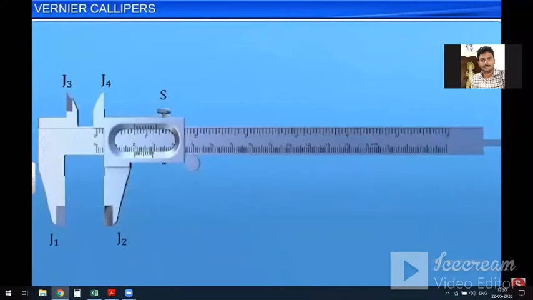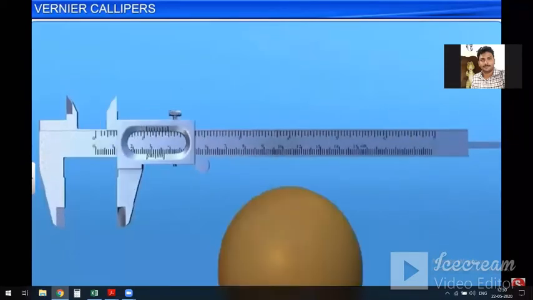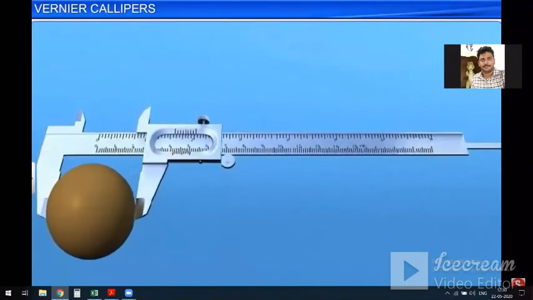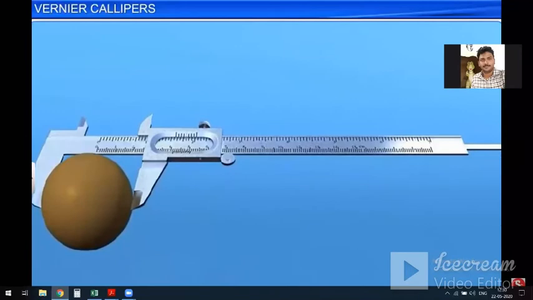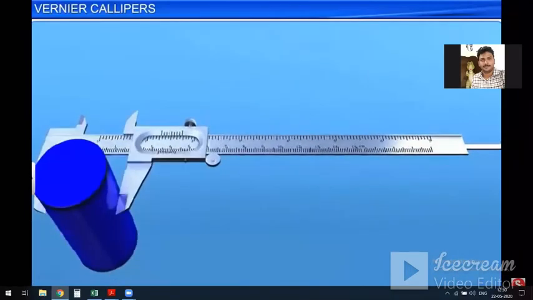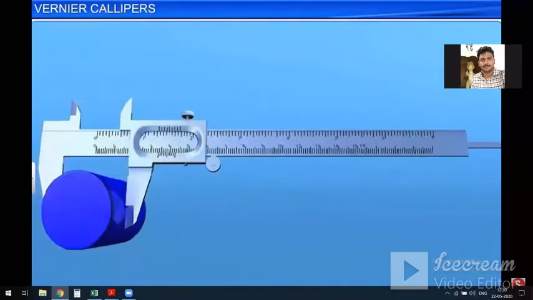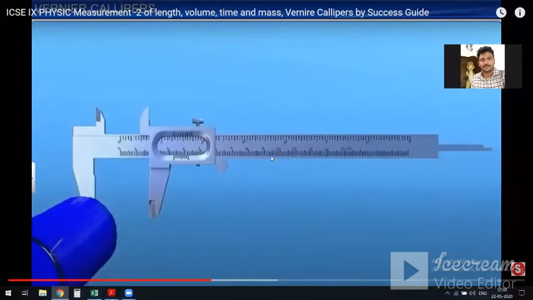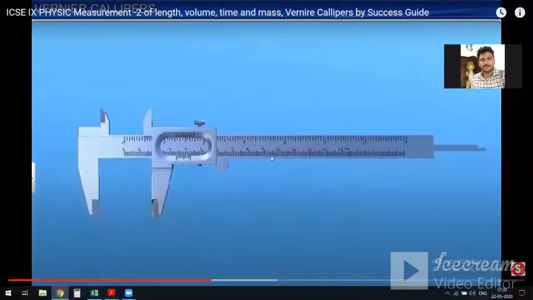The jaws on the lower side, J1 and J2, are called the external jaws. These jaws can hold the object firmly and help to measure the length of a rod, diameter of a sphere, and external diameter of a cylinder, etc. So this way we can fix the object between the two jaws.